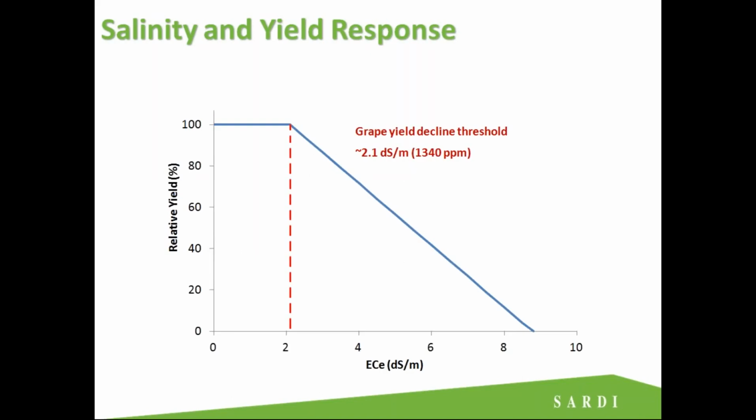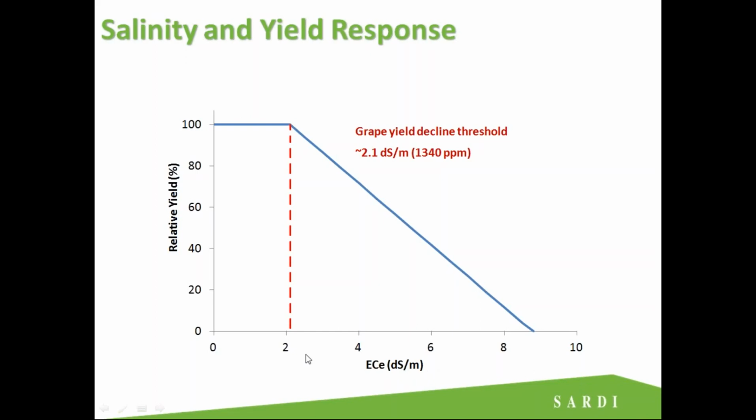Another image that may also be familiar to many of you is the yield response of any productive crop actually to a salt stress. This is colloquially known as the bent stick graph, and it effectively shows that on the y-axis a relative yield is possible, like 100% relative yield is possible when there's 0 to low salt stress.